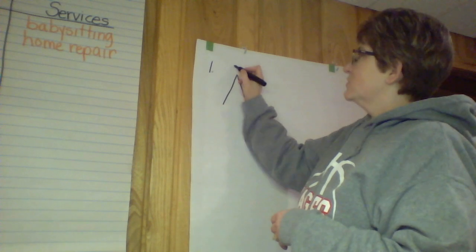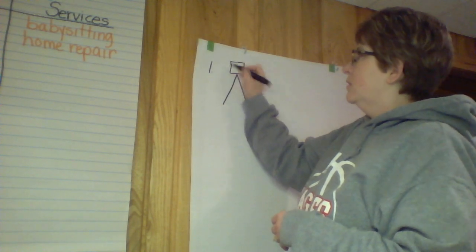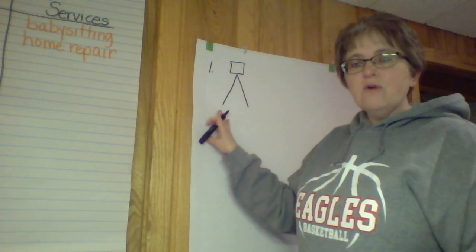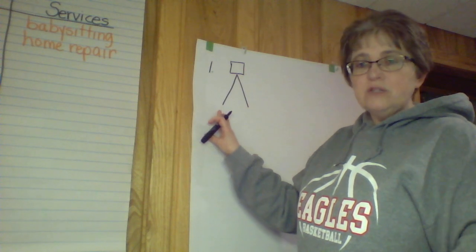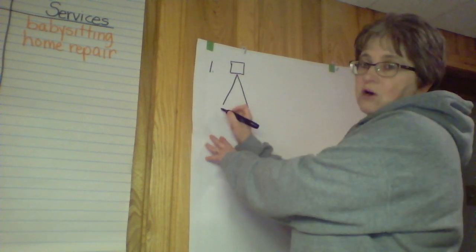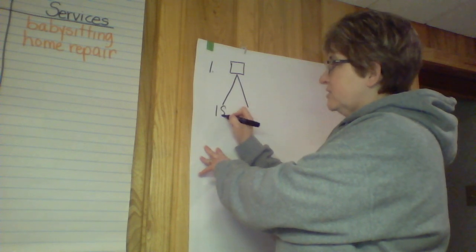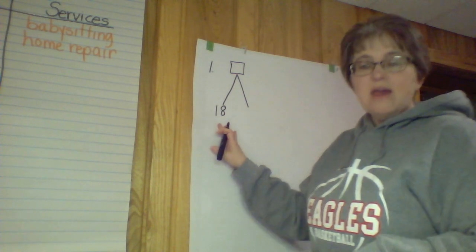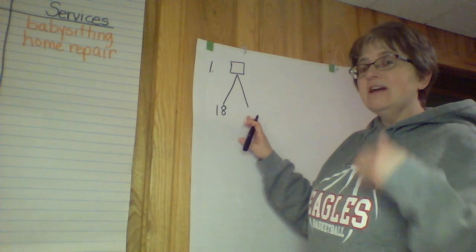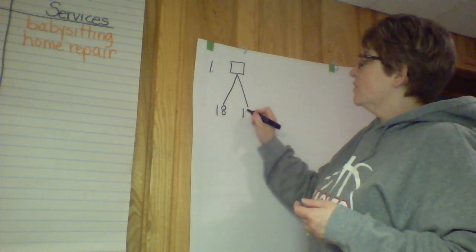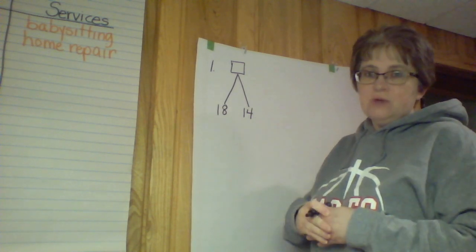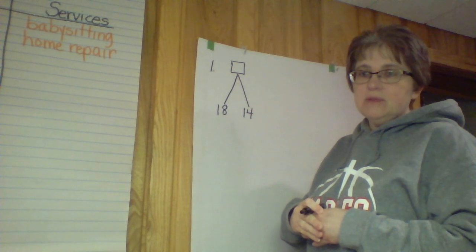No, so that's going to be my unknown. So then in the corner of my mountain, I'm going to put, he started out with one that was 18 centimeters long, and then he added another 14 centimeters to his line segment.